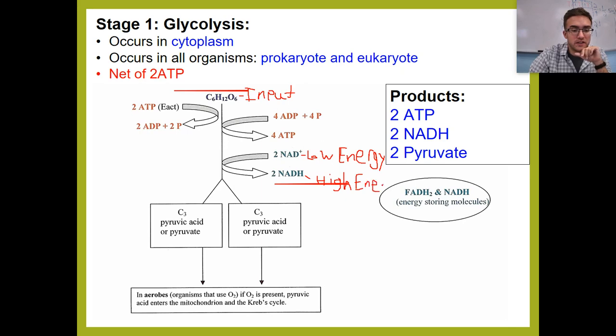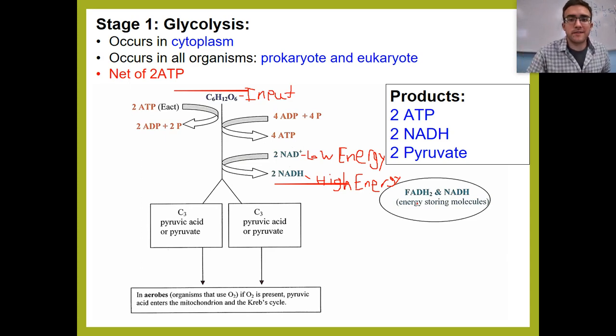So we made 2 NADHs throughout this process. Those NADHs, we're not going to do anything with them right now. They're going to come back during the final stage, during the electron transport chain. They're also used in anaerobic respiration, but I'll save that for the end.